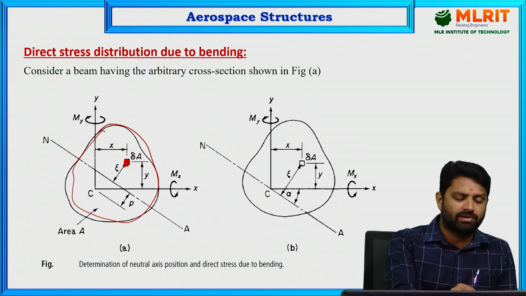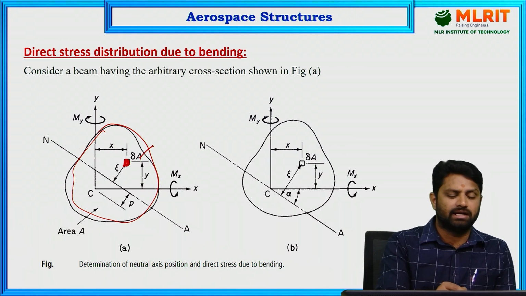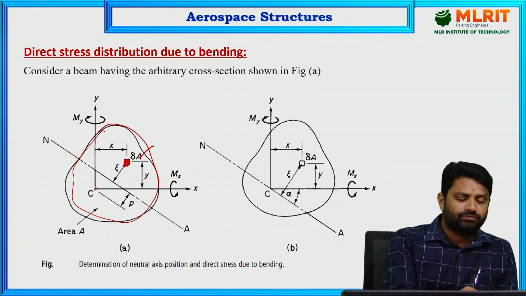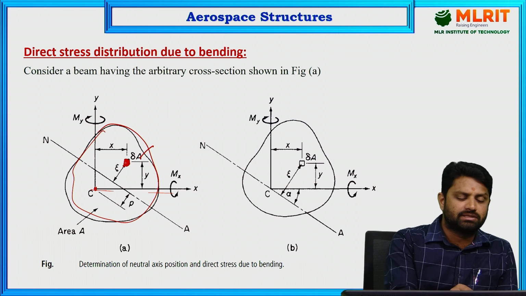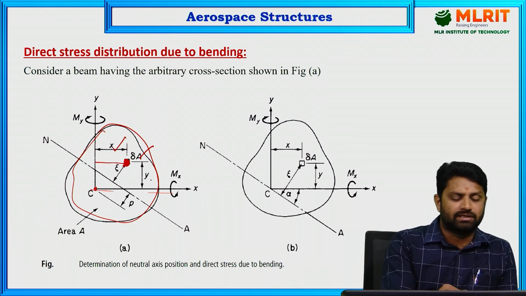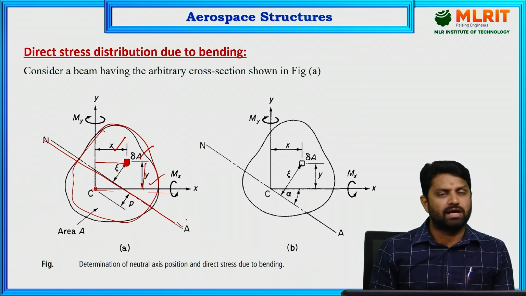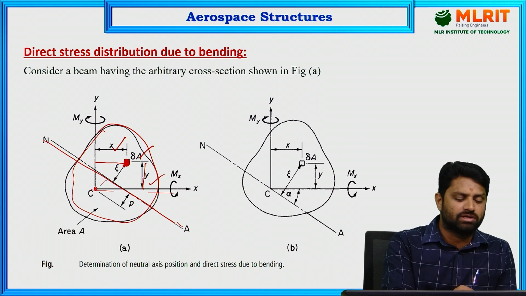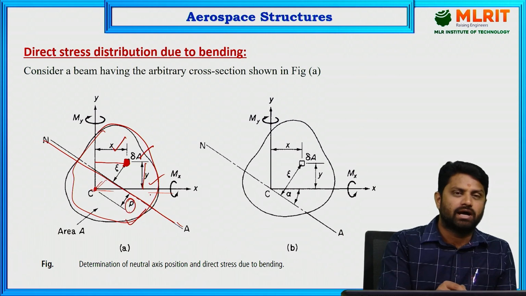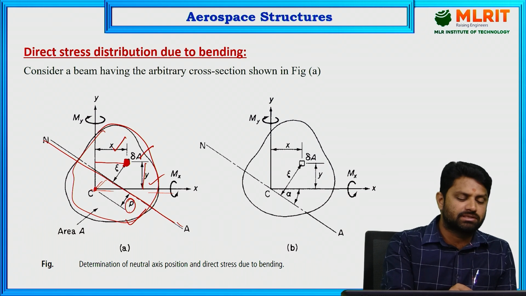Let the elemental area be delta A, and with respect to the axis system with its origin, let this small strip be at a distance x from the y-axis and y from the x-axis. Let there be a neutral axis, with the distance from the neutral axis to the origin being rho, and the distance from the neutral axis to the element we are considering being zeta.